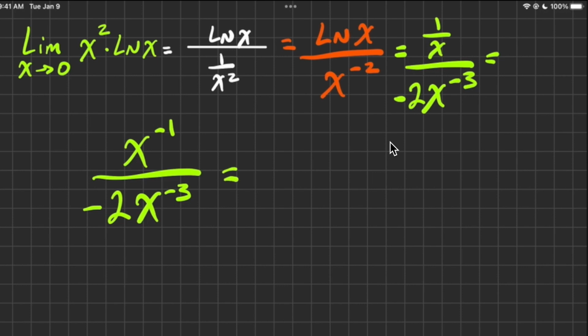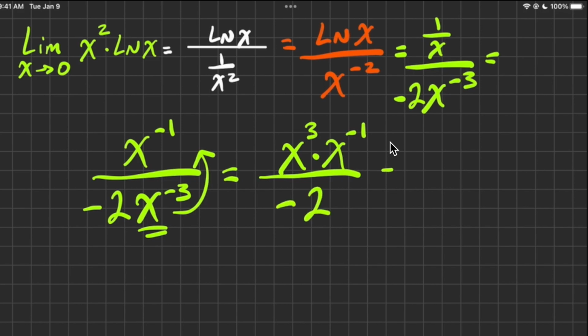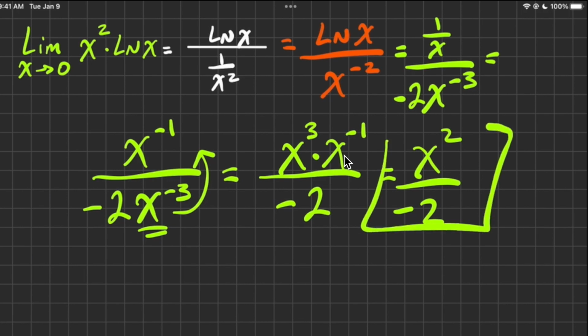Now, I'm going to shift this x to the -3 up top, and that becomes x to the +3, and we're going to leave x to the -1 up top, and on the bottom we're still going to have -2. When you multiply and the bases are the same, we keep the base and we add the exponents. So this is going to be our new form of the limit.